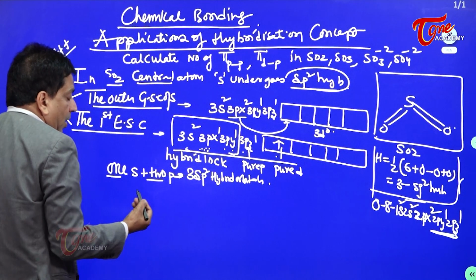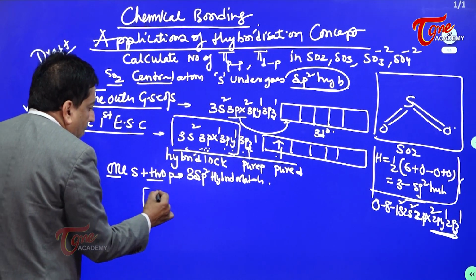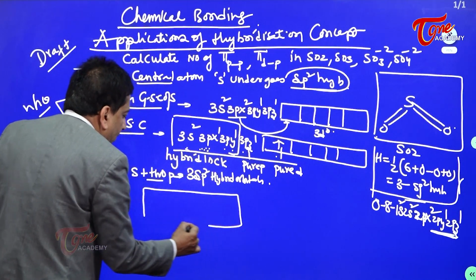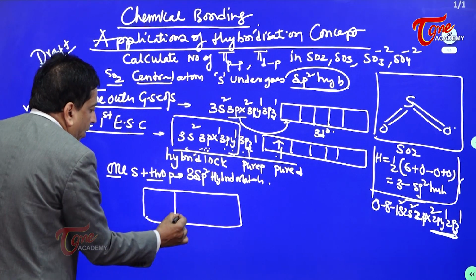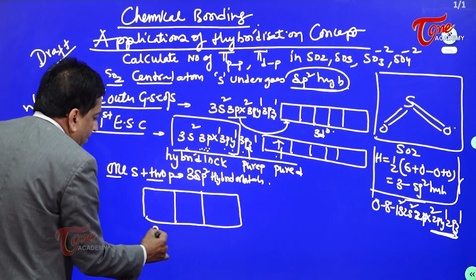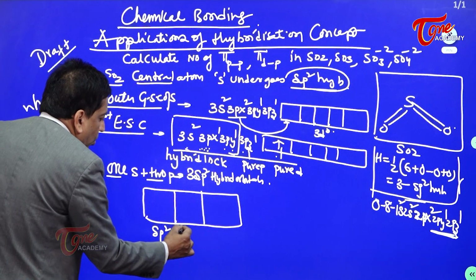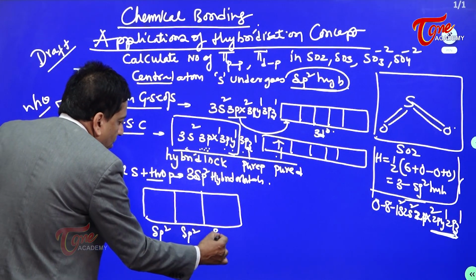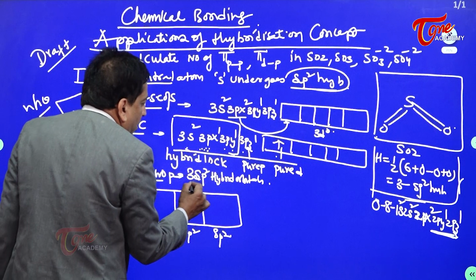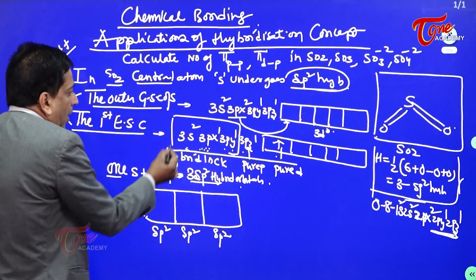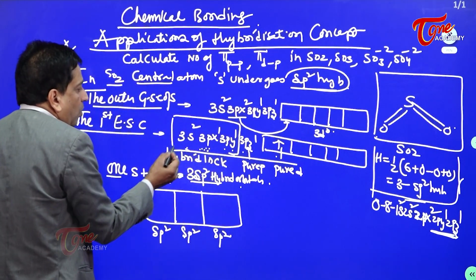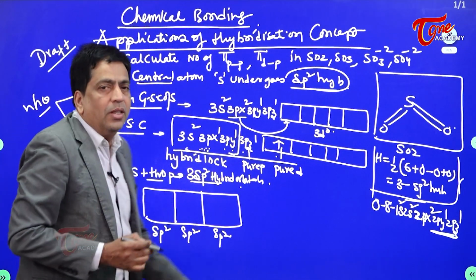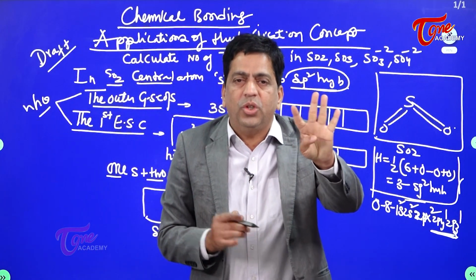Why don't I draw it? Look into this. 3 sp2s: 1, 2 and 3. This is sp2, this is sp2, this is sp2. 3 sp2 hybrid orbitals I am drawing. And in the lock, count the total number of electrons: 2, 3 and 4. So in the lock you have 4 electrons.